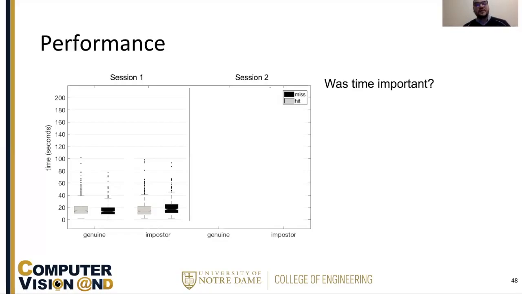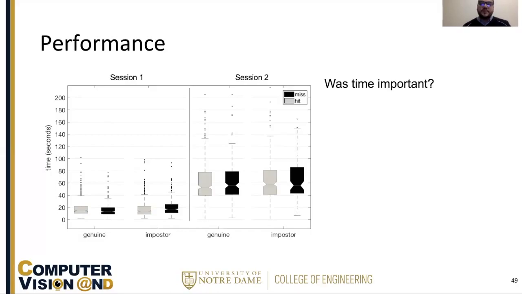It didn't matter if they were seeing genuine or imposter pairs, or different categories, or if they had hits or misses; the time was the same. We saw pretty much the same phenomenon for session two. Of course, the times were larger because they were spending more time annotating the trials, but we saw no difference. So time seemed not to be an important feature here.